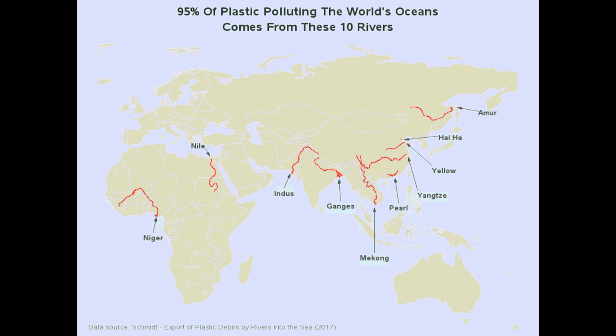But you also see the Nile and the Niger River in Africa. So what's interesting about this is 95% of the plastic going in the ocean is only coming from these low-income developing areas of the world, but yet we don't want to have plastic straws at restaurants in Boca Raton. How much of an impact are we really making by boycotting these plastic straws?